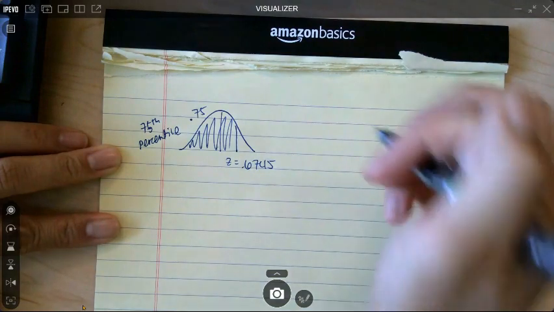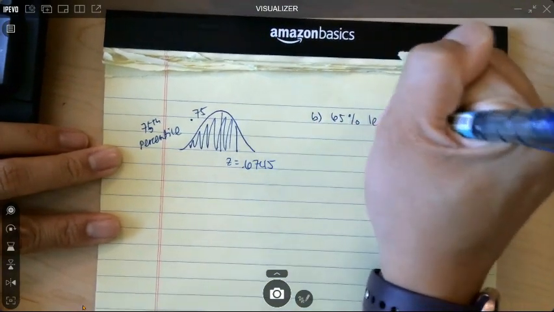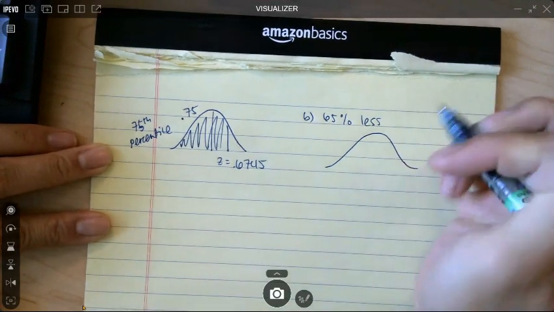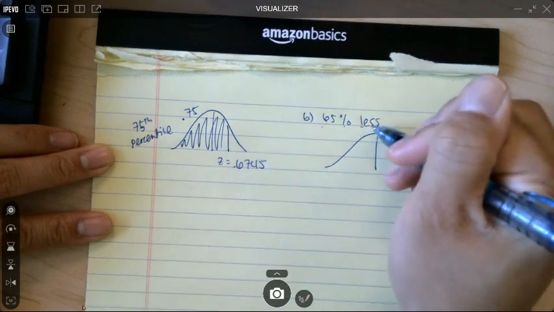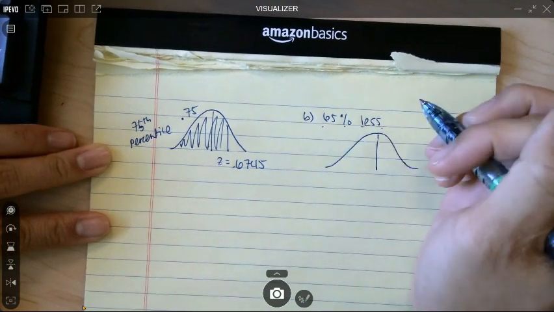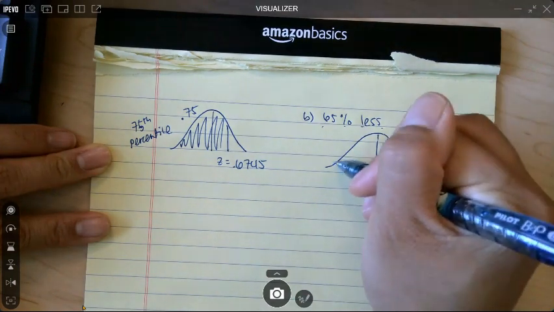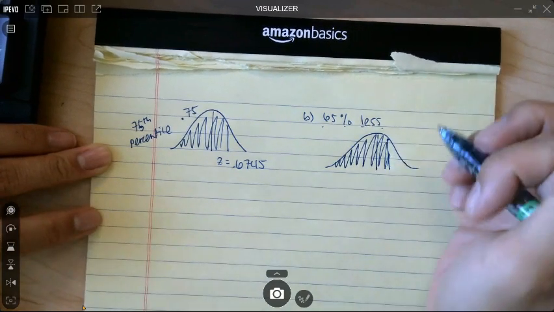The next one says 65% less. Again, we sketch a distribution. We know halfway is 50%. 65% less means to the left, so the area to the left of my line is going to be 65%, somewhere around here, it's just an estimate. We shade our picture so that when we put it in GeoGebra, we know we have the right area.